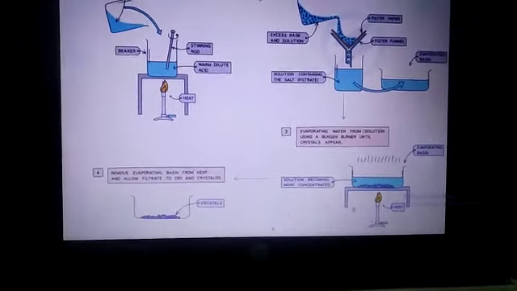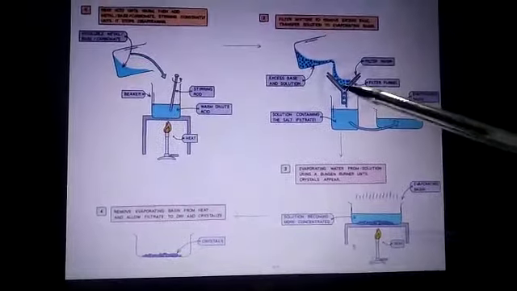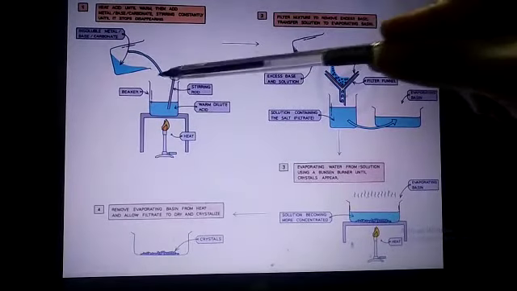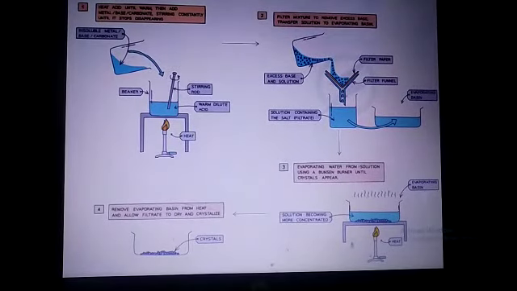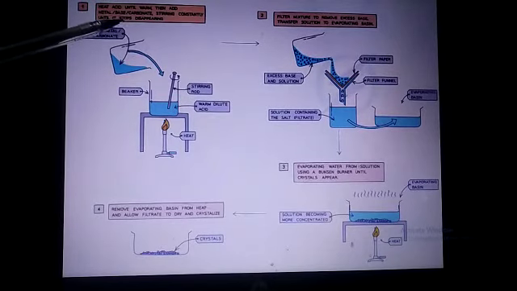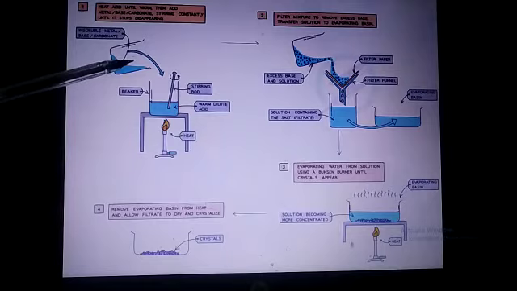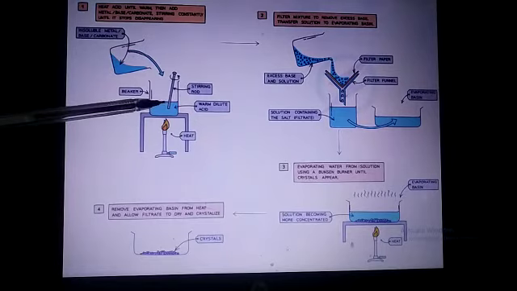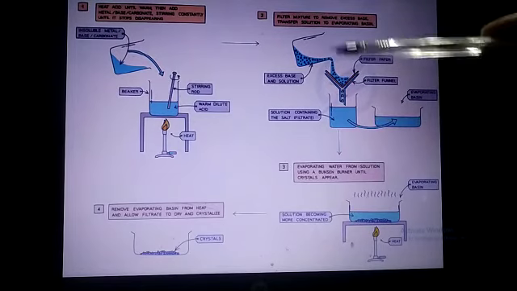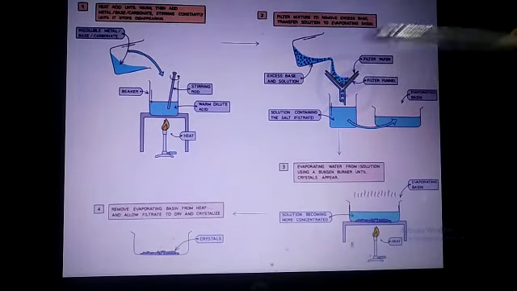This is the graphical representation of the first method: how we add the acid, mixed with any base, metal or carbonate, into this beaker for heating. After heating, we get the filtrate by passing it through the filter paper.